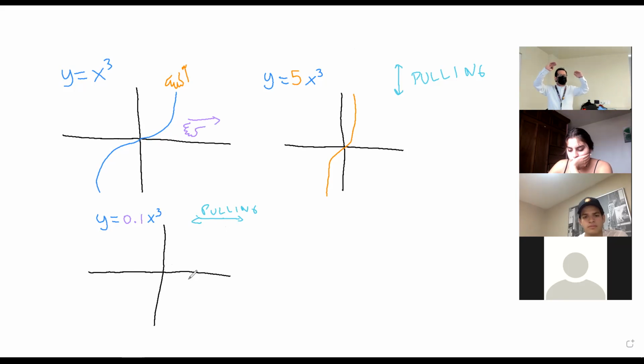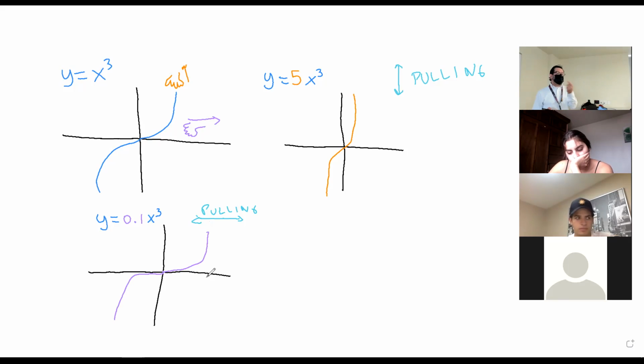That means the graph is going to try to flatten towards the x-axis. First off, it's going to get further away from the y-axis, and it's going to try to get flatter.